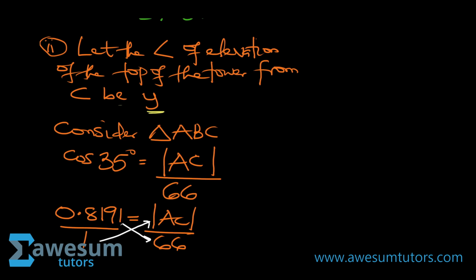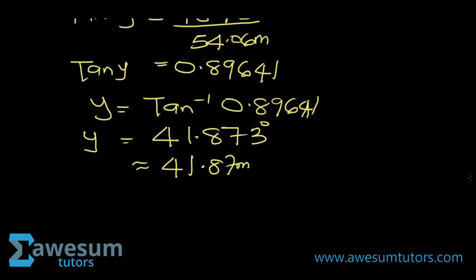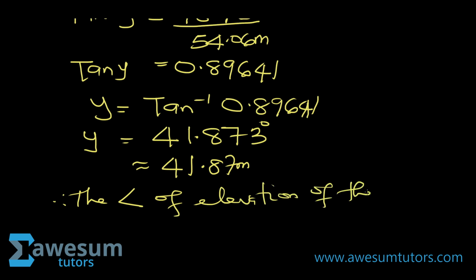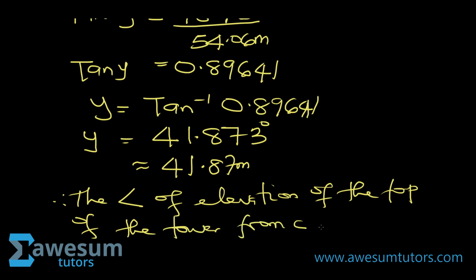Then you can complete everything with a statement by saying, therefore, the angle of elevation of the top of the tower from C is 41.87 degrees in 2 decimal places.